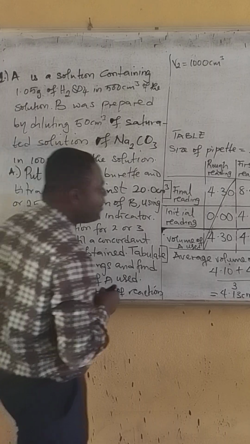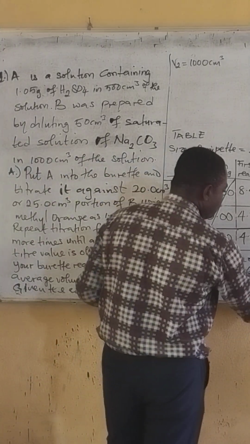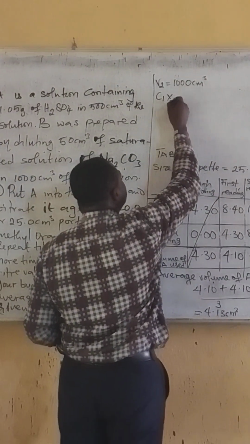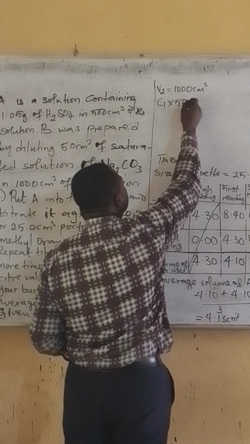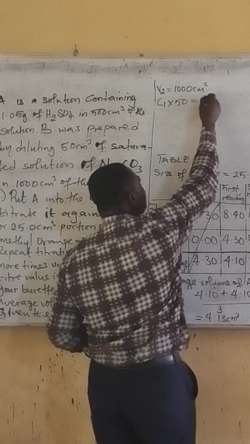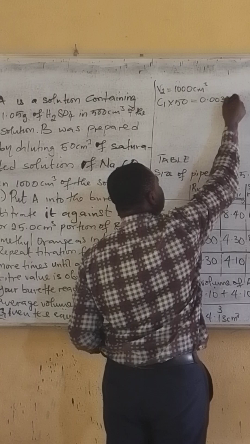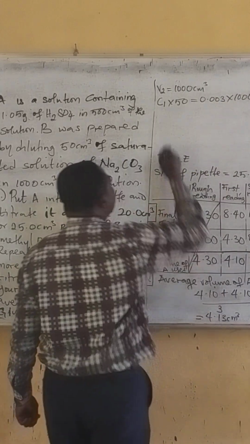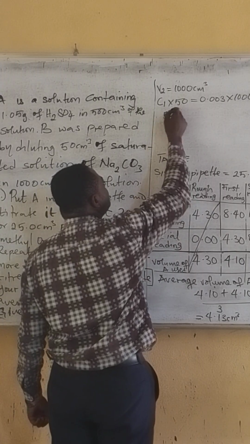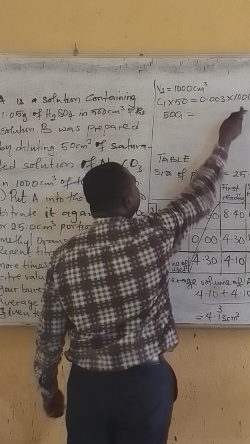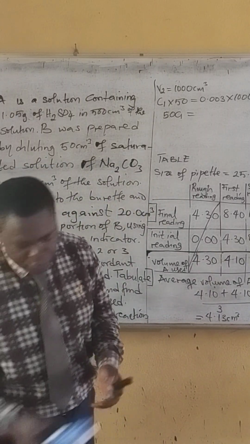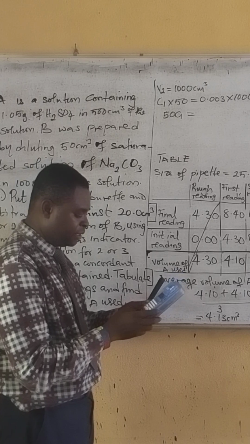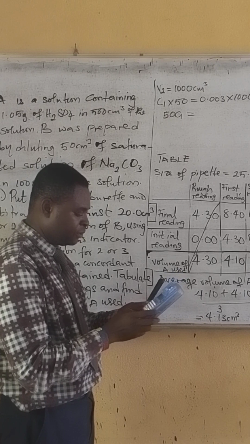So using our formula, substituting, in place of C1 now, we put the C1 because we are looking for it, times V1 is 50 is equal to C2, 0.003 times 1000. So we now have 50 C1 is equal to, then let's try to multiply this. It should give us something like 3. 0.003 times 1000. Answer is 3.